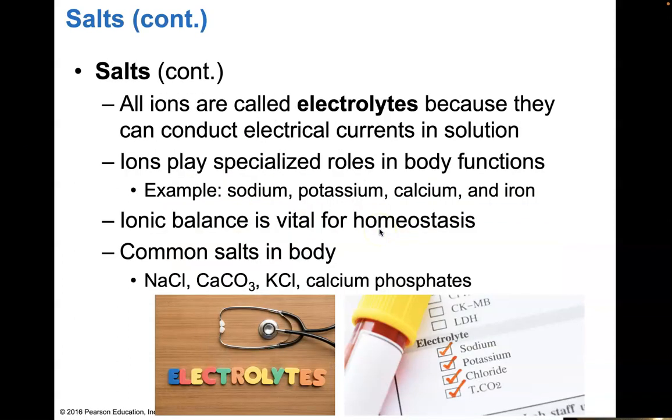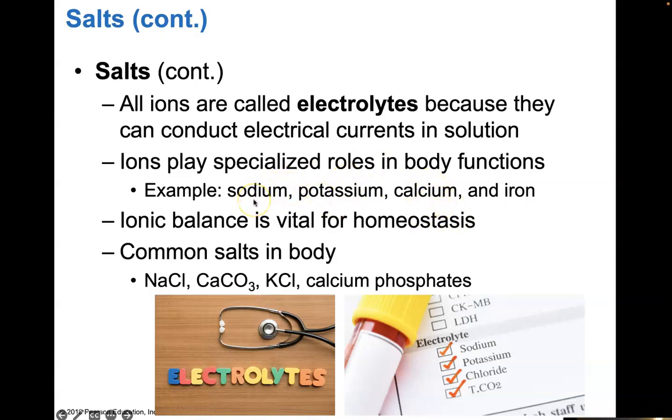Now, all ions are what we call electrolytes because they can conduct electrical currents in solutions. So ions are going to play, obviously, a very specialized role in body functions. And so when you're looking at the electrolytes in someone's blood, the reason that you care about these electrolytes is that, again, they're going to be very important for certain types of reactions, and they can even conduct electrical currents, especially when you're talking about things like sodium and potassium and calcium.